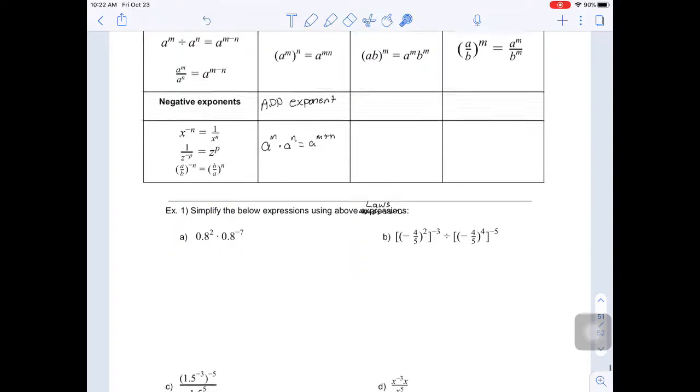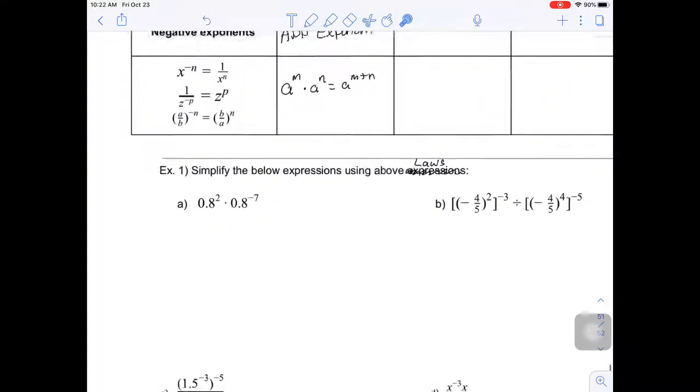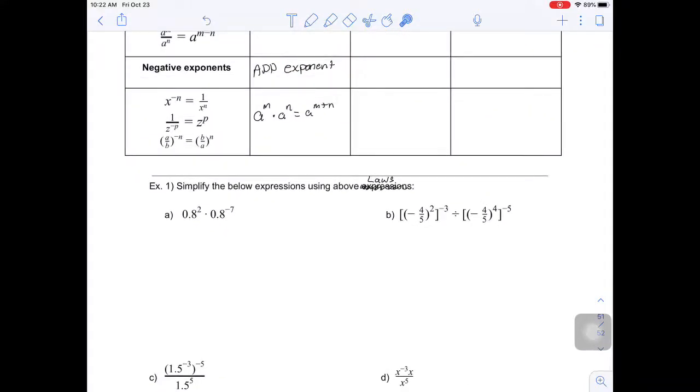So let's look at A here. How would I go about simplifying this? Well, to simplify, first I'm going to note that I have two similar bases. I have two things that have an exponent, but they're both 0.8. So I'm going to use my add exponent law.